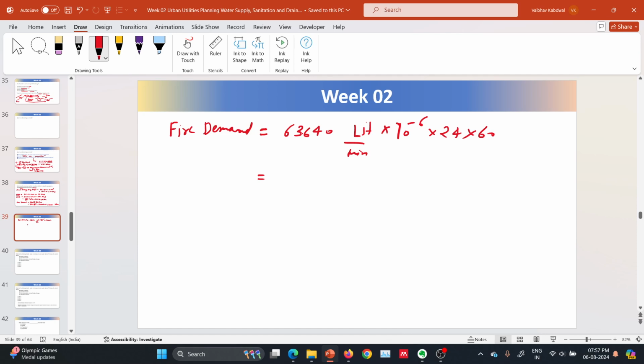It will come as 91.64 mld. So this is the fire demand. Now we need to find out the coincidental draft.